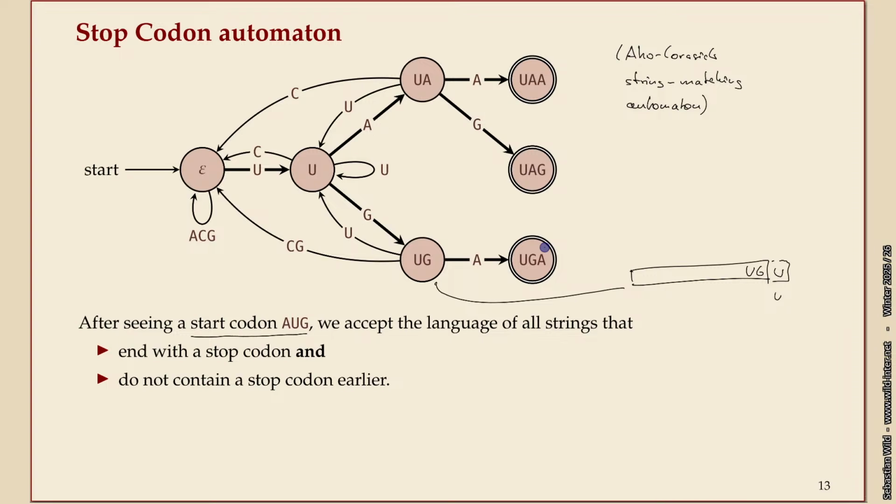Here, for these specific strings, it's easy enough that we just manually figure out what this automaton should look like. Okay, from this, we can analyze how long the expected open reading frame in a random string would be precisely.